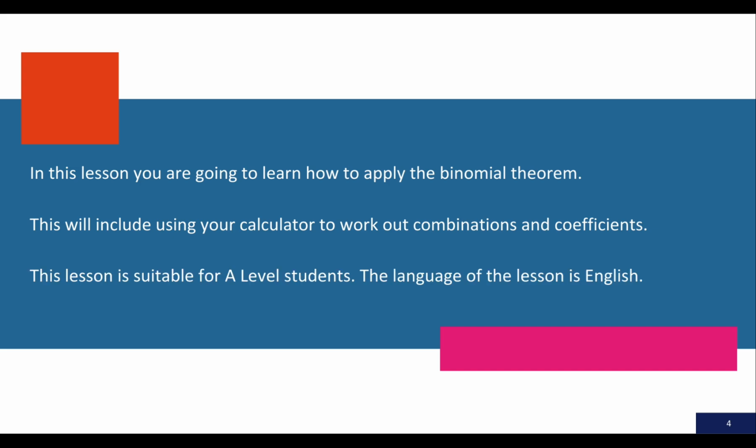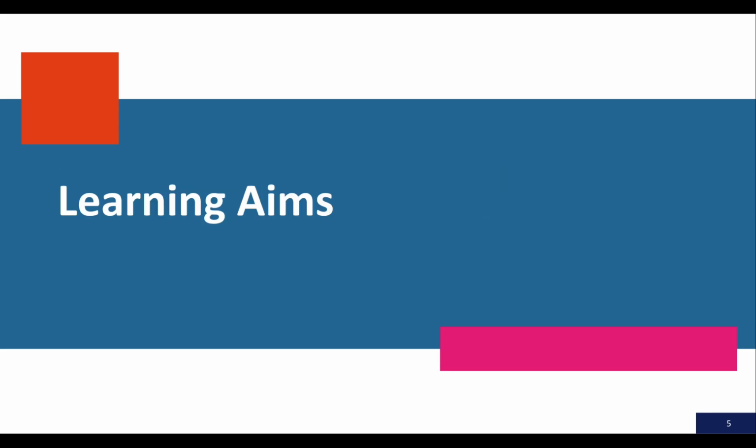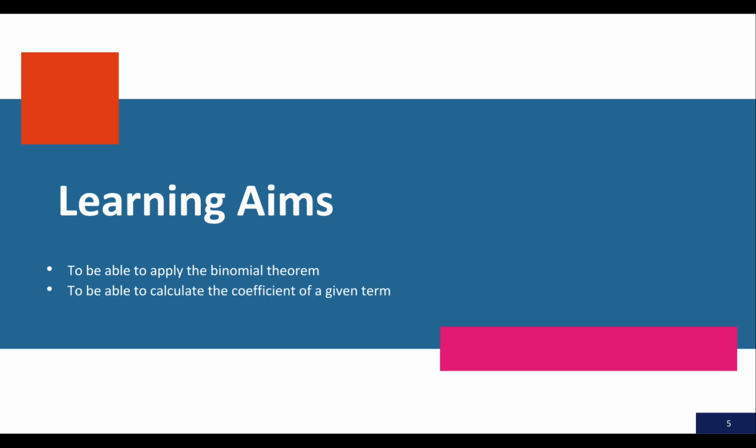This lesson is suitable for A-level students, and the language of this lesson is English. The recorded duration of this lesson should be around 30 minutes. The learning aims of this lesson are to be able to apply the binomial theorem, to be able to calculate the coefficient of a given term, and to be able to find the term of a binomial expansion.